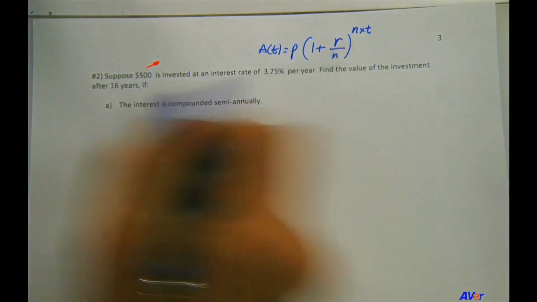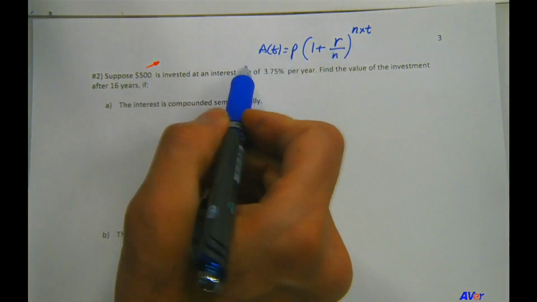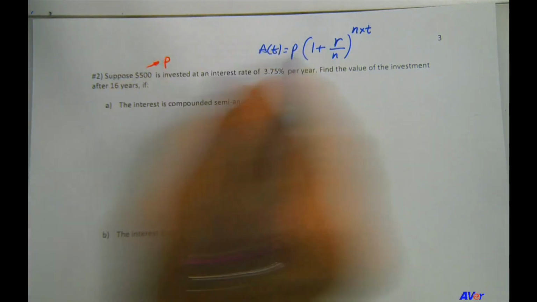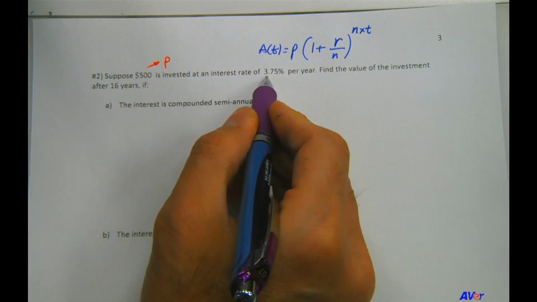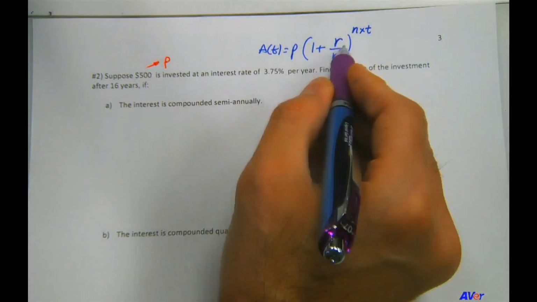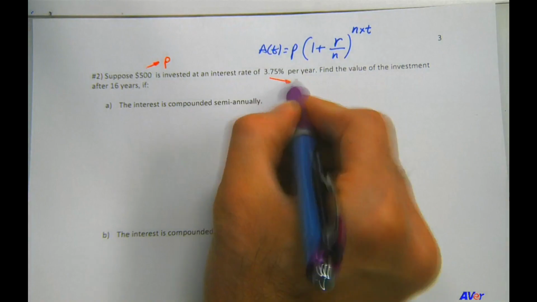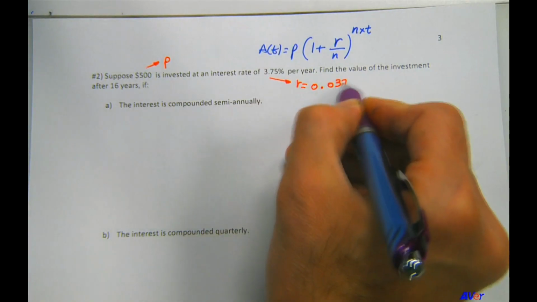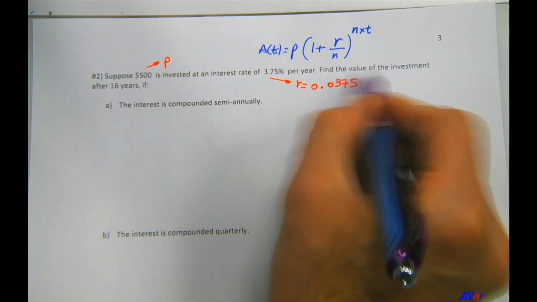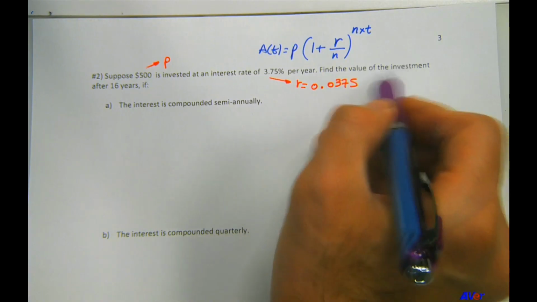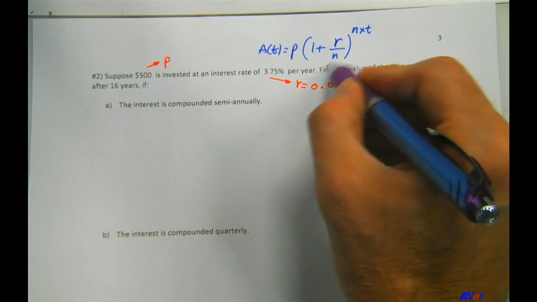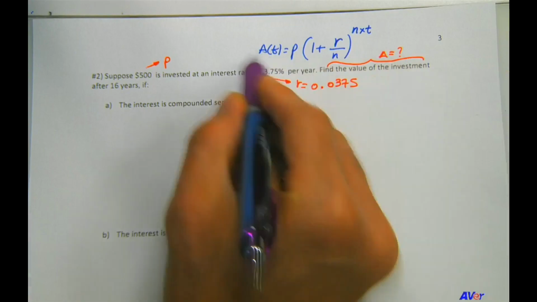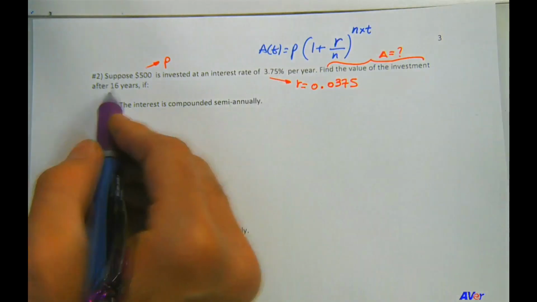Now in that formula, $500 would represent the principal, the P, at an interest rate of 3.75% per year. So R would be 0.0375. Find the value of the investment, that's A_T, after 16 years.